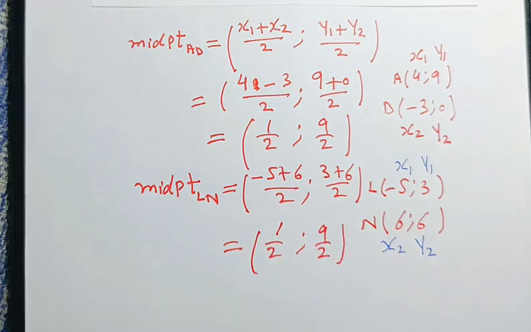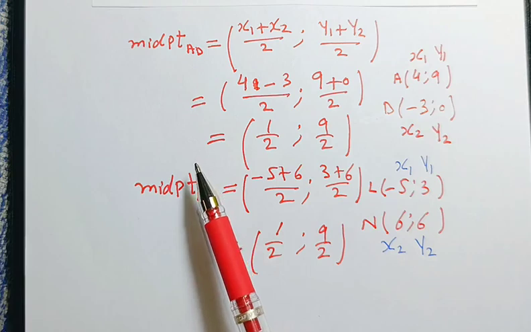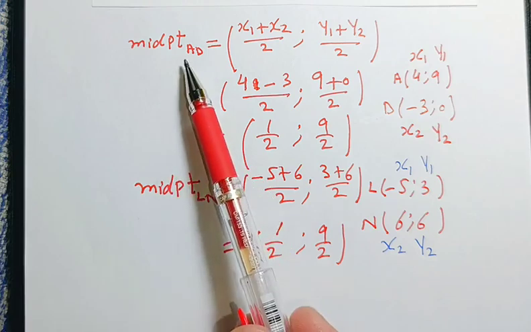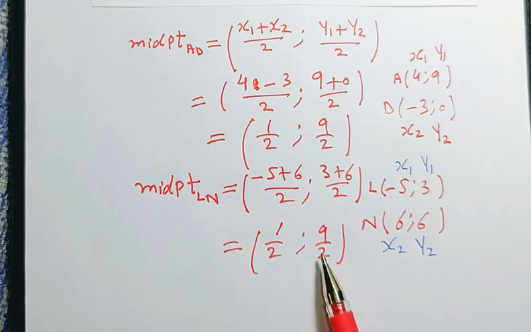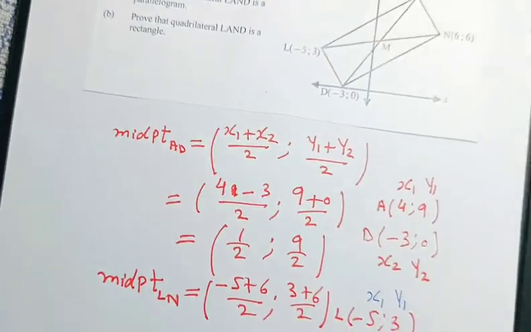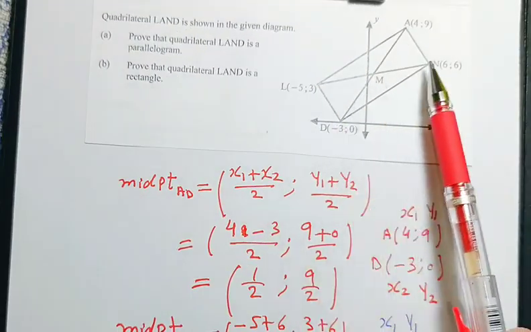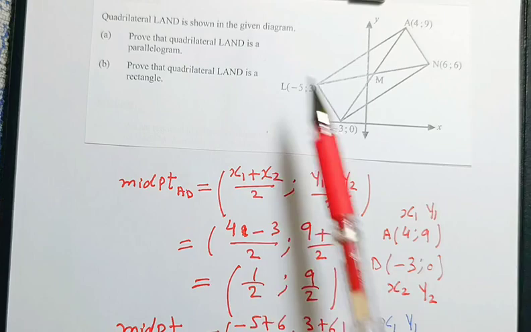As you can see, both midpoints are the same. The midpoint of AD is 1 over 2 and 9 over 2, and the midpoint of LN is 1 over 2 and 9 over 2, which means the diagonals bisect each other at M. So this is a parallelogram.